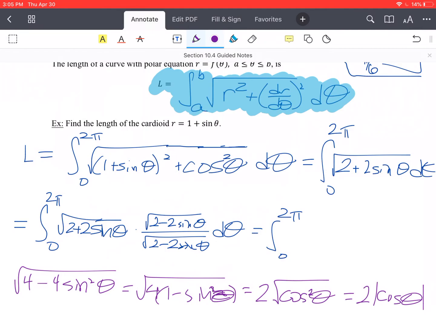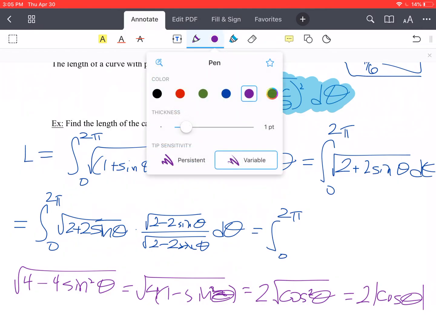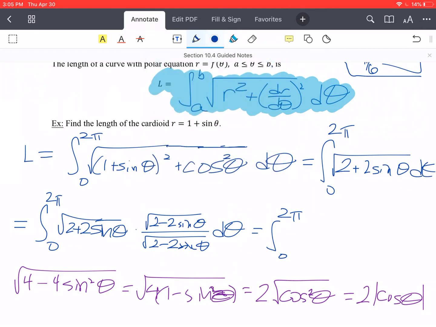So in the numerator we have just 2 times the absolute value of cosine theta over the square root of 2 minus 2 sine theta d theta.